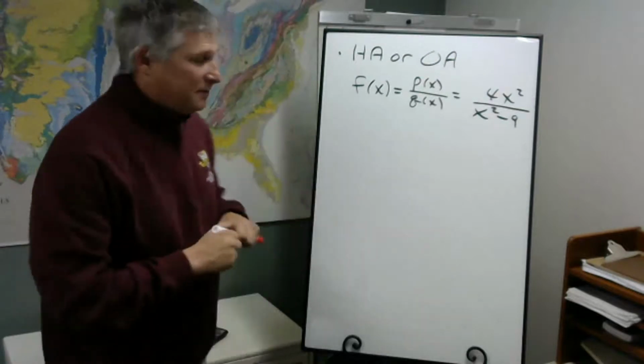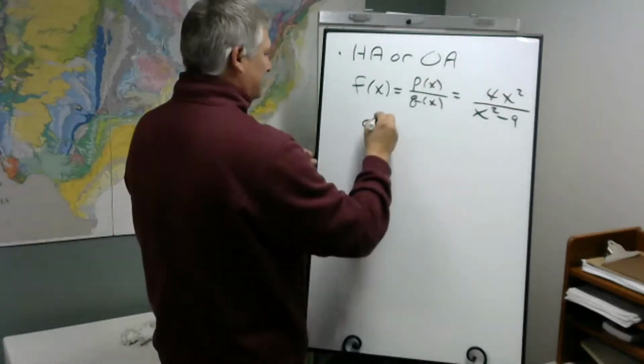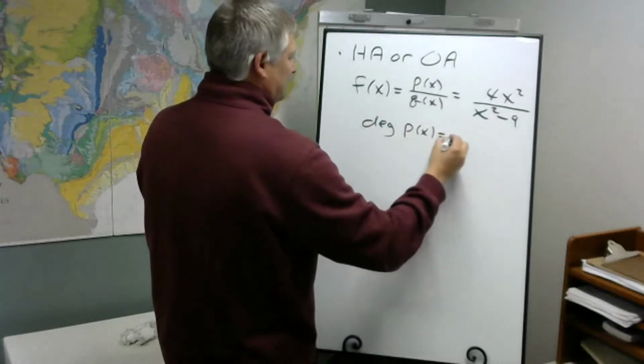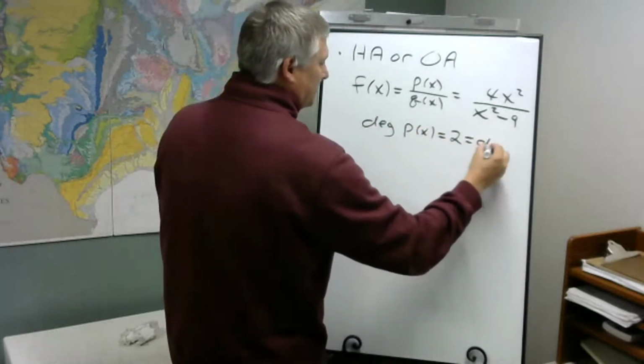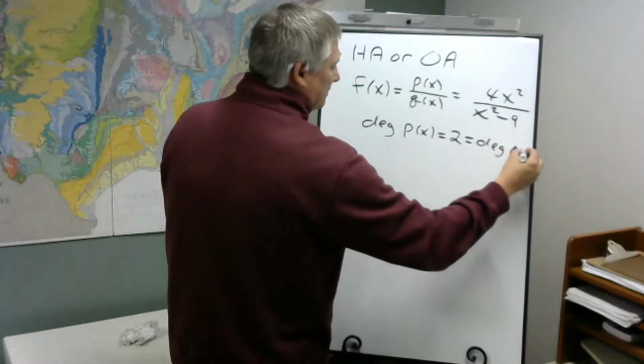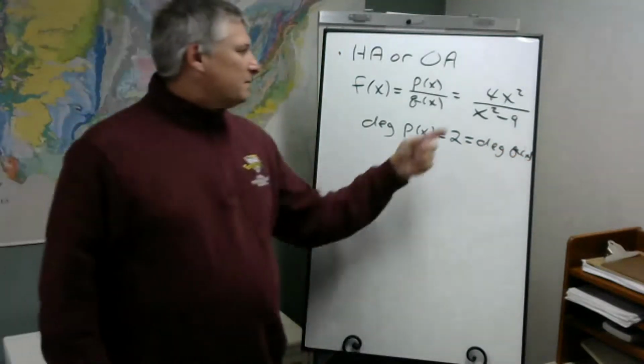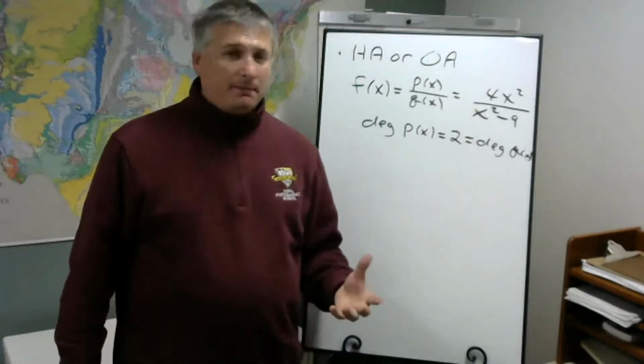Now what we see is this. The degree of p of x is 2, which is also the degree of q of x. So these have the same degree.